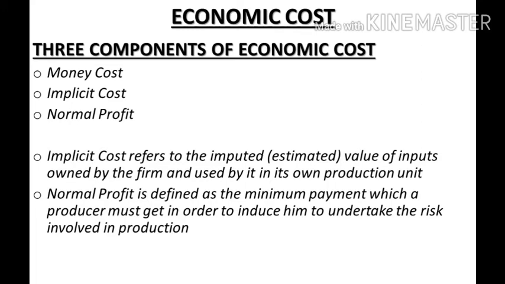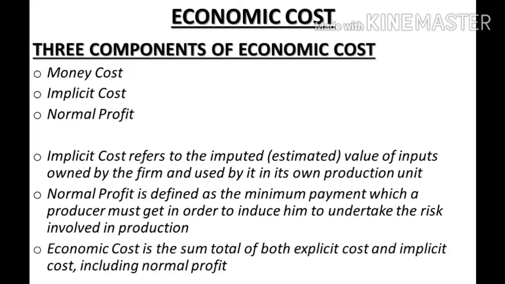This is what you mean by normal profit, and we can say that normal profit is the minimum supply price of the entrepreneurship services. It represents the cost needed to keep the firm in business. This is what the normal profit represents.